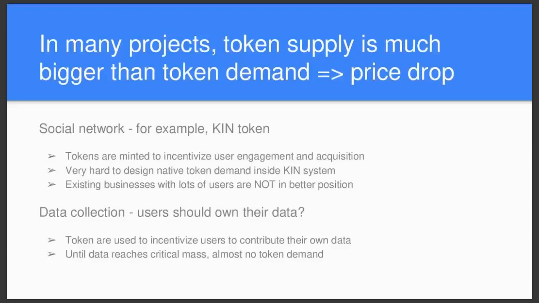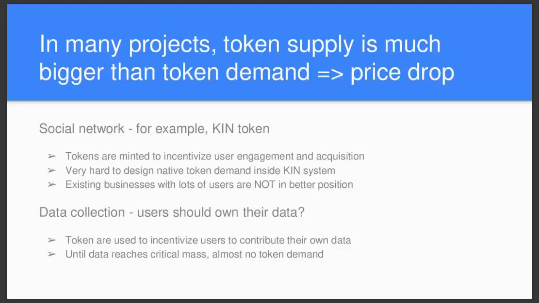This is easy to understand because engagement is an important metric, and the user base is also an important metric, for a product like a social network. Because you have to keep incentivizing user engagement, you have to keep minting a lot of tokens. However, if you look at this kind of product, at least for me, it's very hard to figure out who would want this token inside the network.